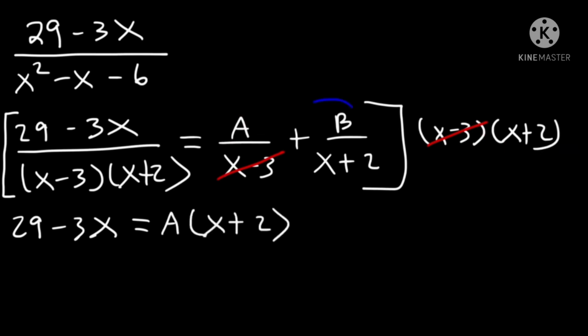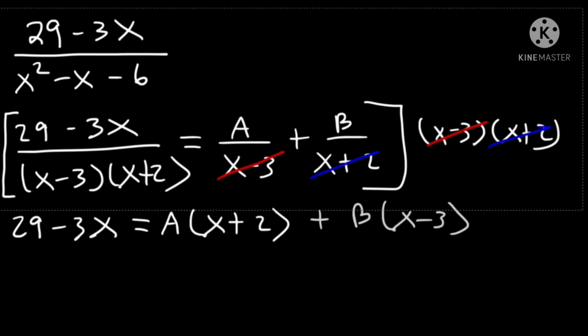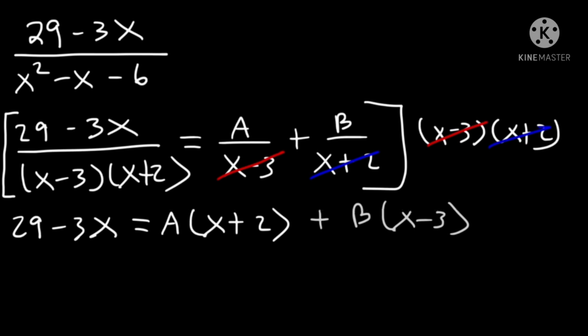And then if we take this fraction, multiply it by x minus 3 times x plus 2, the x plus 2 factors will cancel, leaving behind b times x minus 3. Actually, let's keep that there for now.